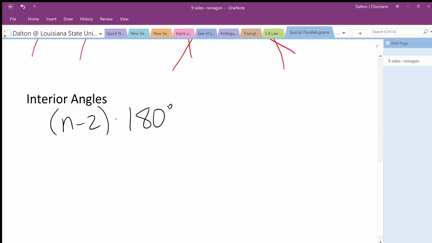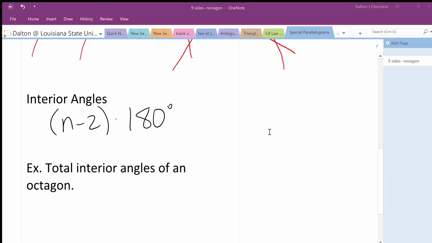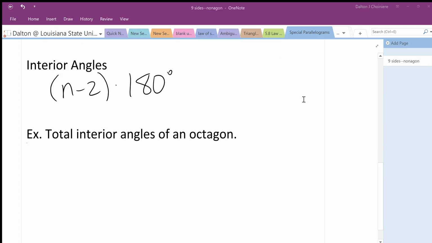And basically what this is doing is if I ask you a question for, let's do an example. Let's do total interior angles, and you can abbreviate these. I want to know what are the total interior angles of an octagon.